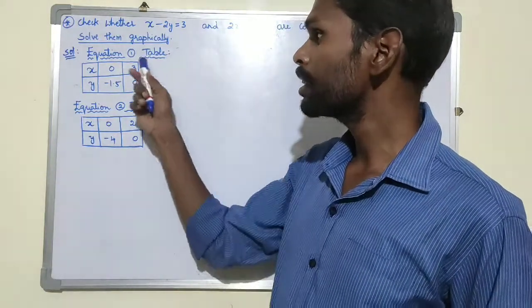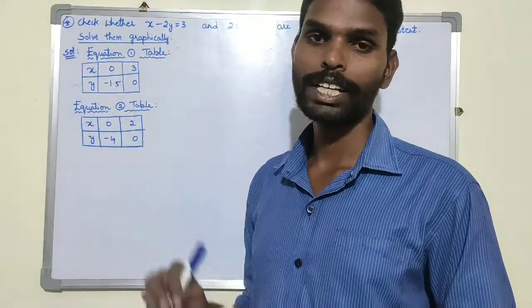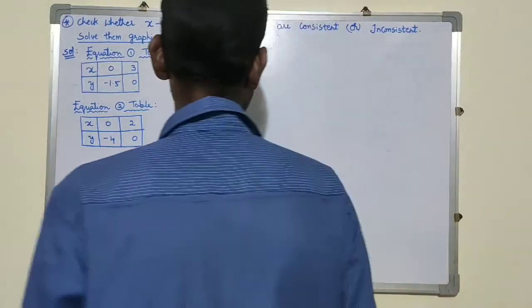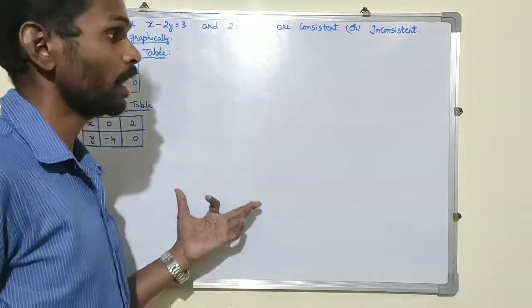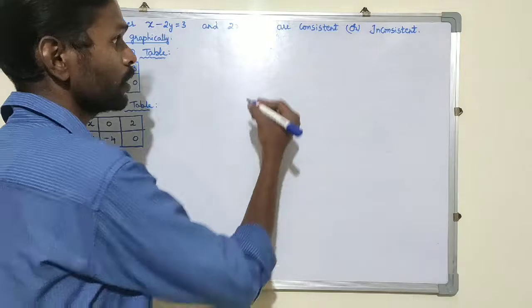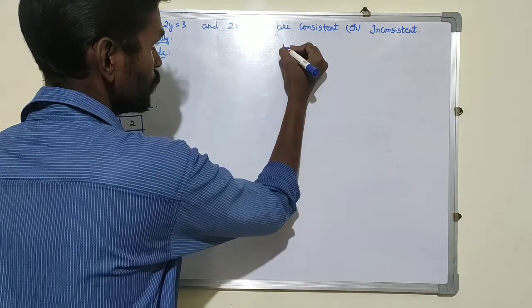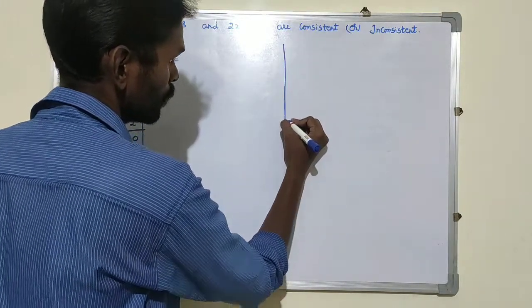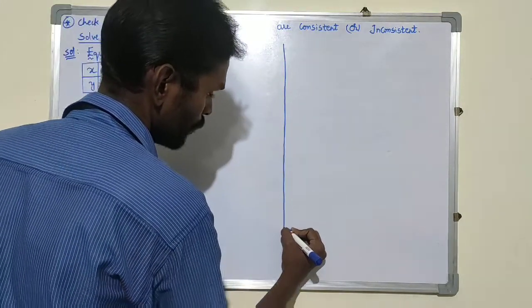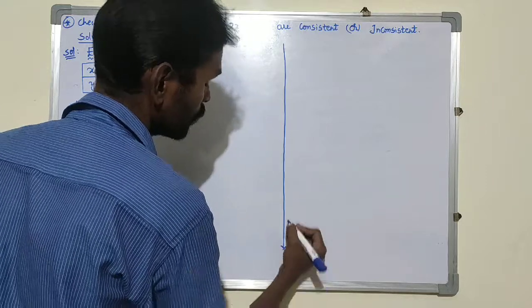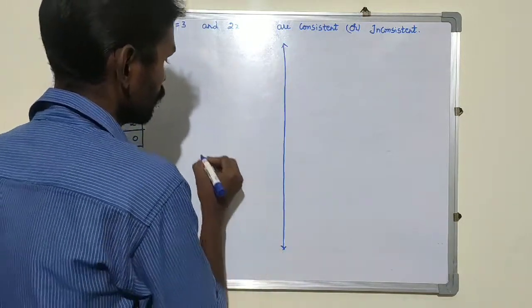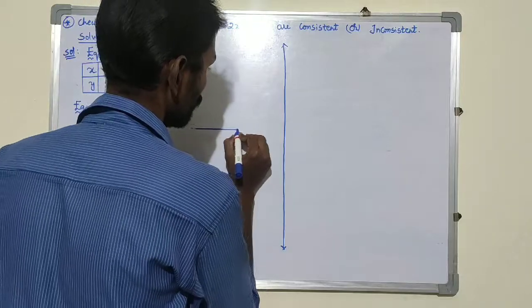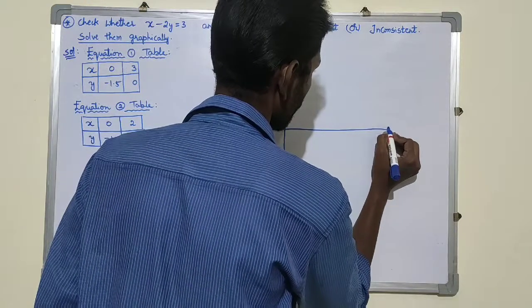Now, using these points, I am drawing the line equations. So, you need to draw this graph sheet. I am explaining the method. Just see. Take one vertical line in the middle of the graph paper, and a horizontal line also.